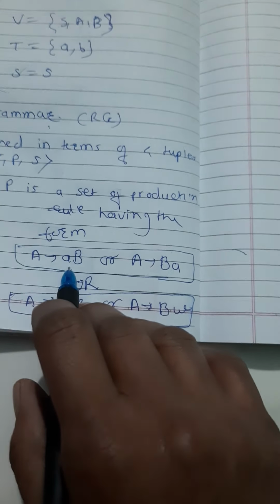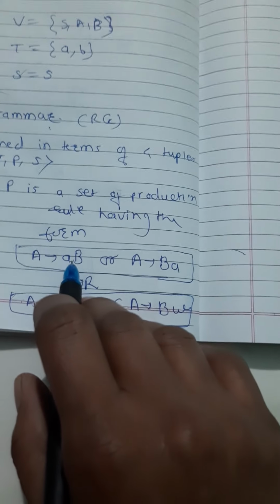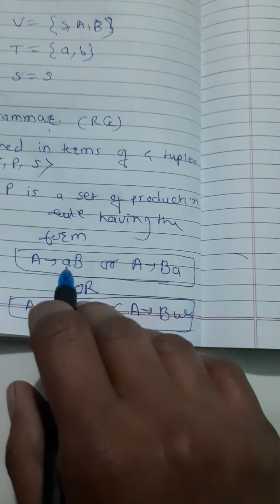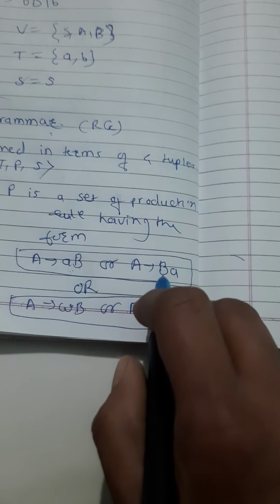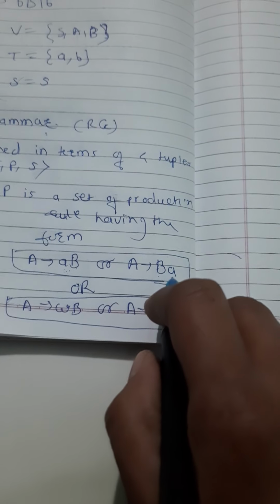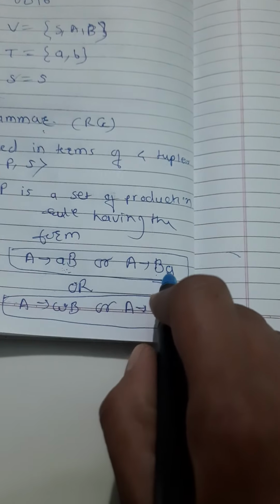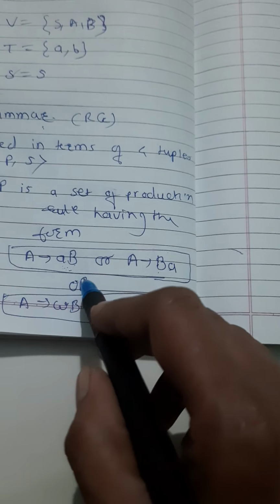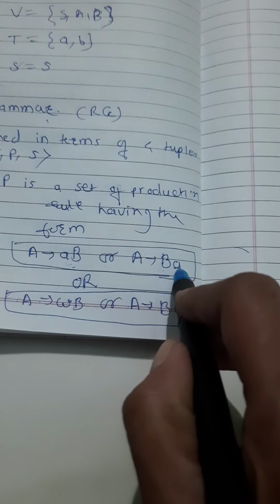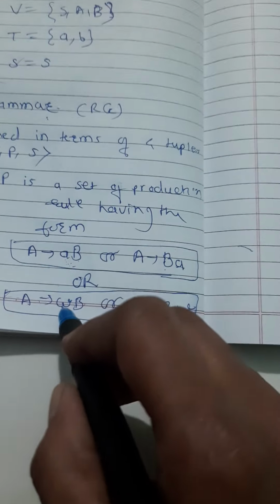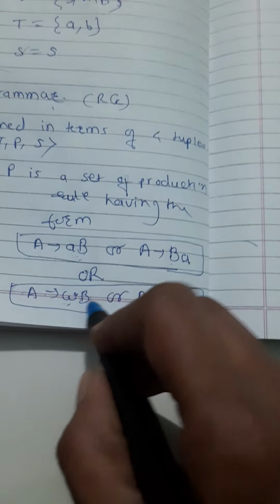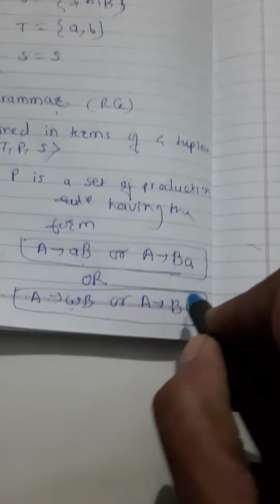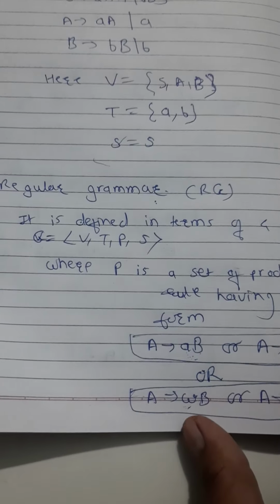On the right side there will be only 2 symbols: a terminal symbol followed by a non-terminal symbol, or a non-terminal symbol followed by a terminal symbol. Or if a single terminal is not there, then there may be a string of terminals also, which is nothing but WB or BW. So this is the required form.